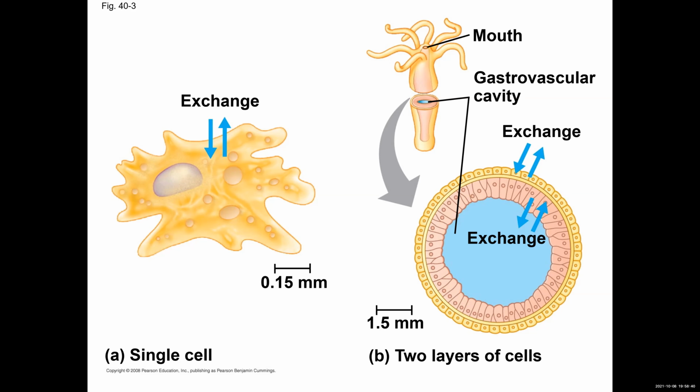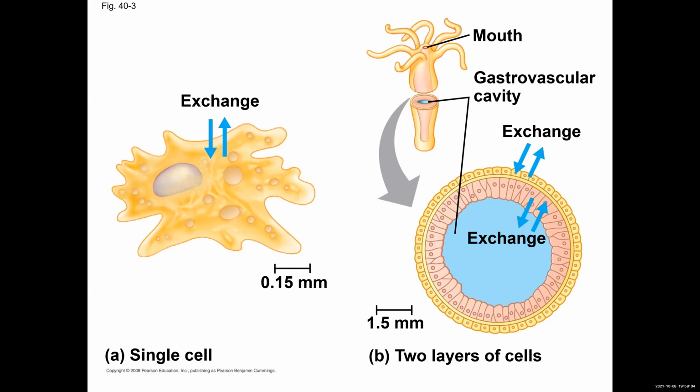As an organism gets larger, the volume grows. Remember, volume is pi r cubed, right? So it grows at a rate that's a cube of the radius, whereas the surface area increases by pi r squared. And so as an organism is getting bigger, its volume is getting bigger faster than its surface area is.